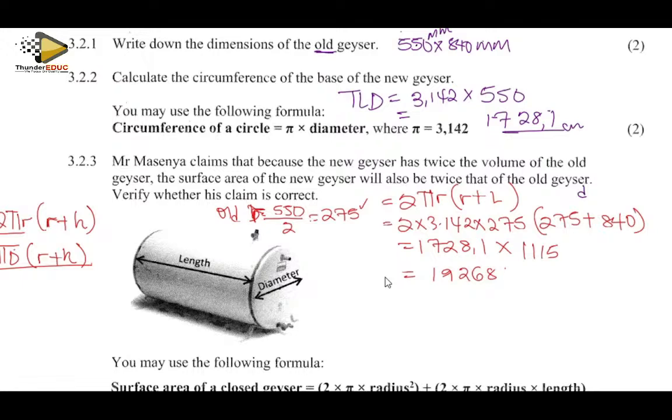Now let me see, 3.142 times 2 times 275 times (275 plus 840).